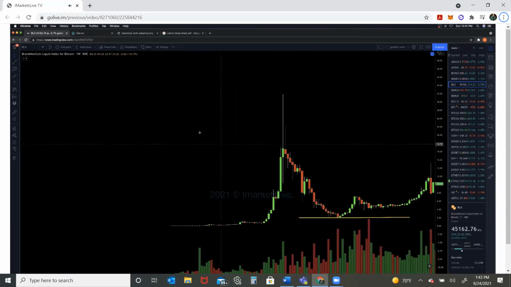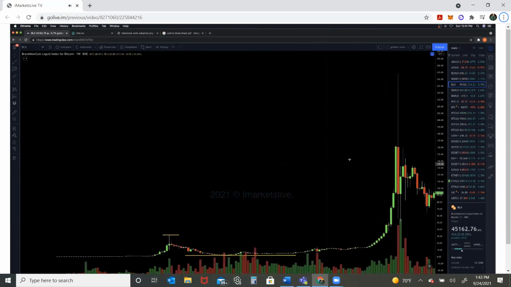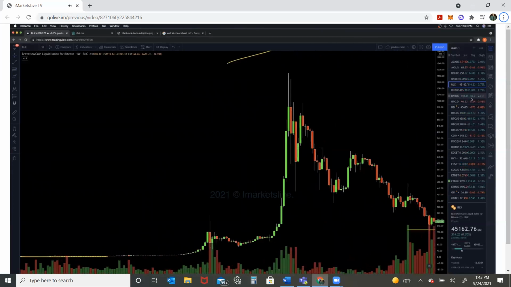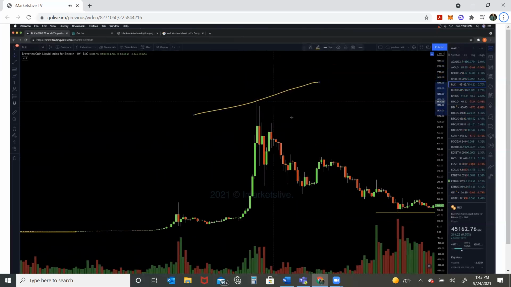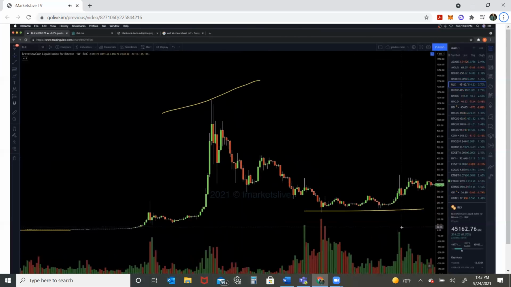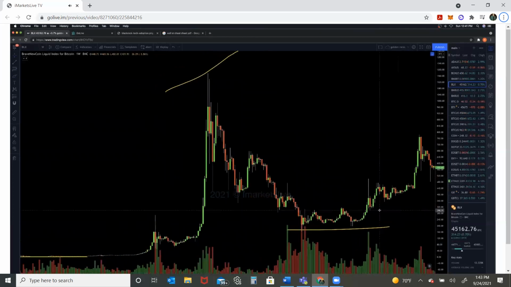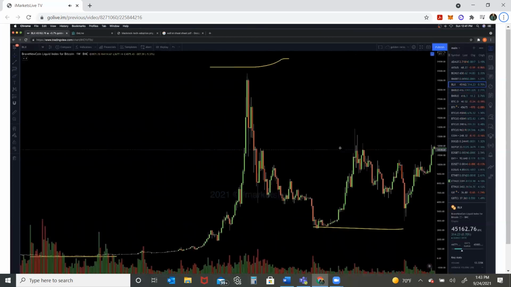But look, if we look at each one of these, from the peak here to the bottom, and then we look at the next one over here, we're looking at the same thing. Let's move this down here, from the peak down to here, and then the next one that came in 2017. Same thing, from the peak down to here.